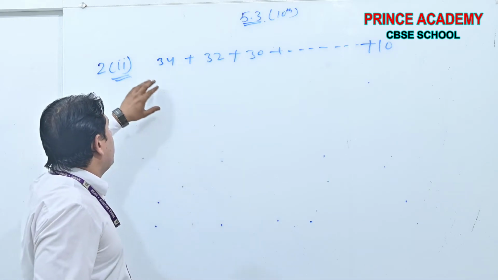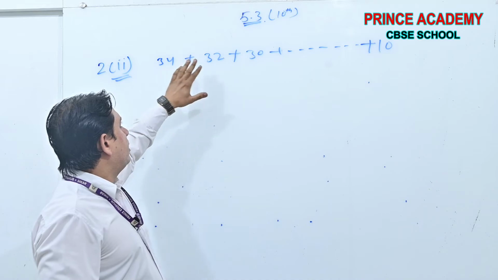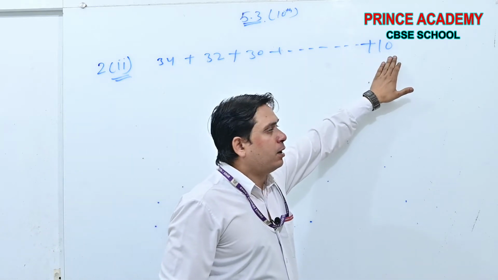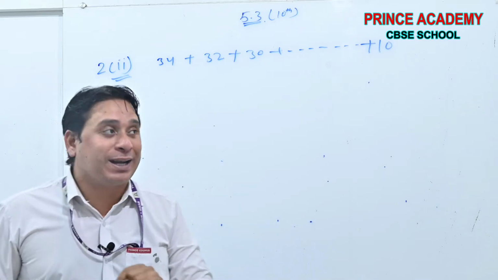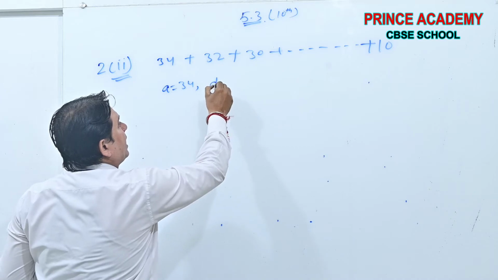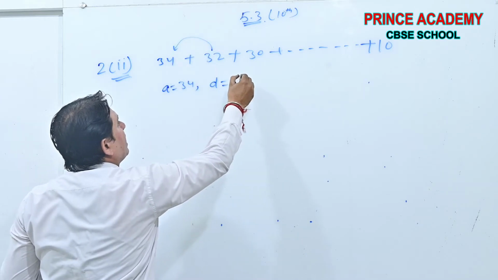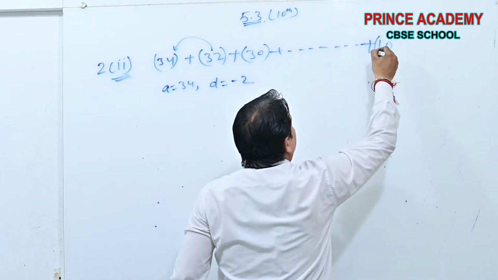Now see, beta, here an AP is given. This 10 is not N. This is a term of the AP. What is given here? First term is 34. D is this minus this, minus 2. See, beta, this is A1, A2 and this is An, the last term.